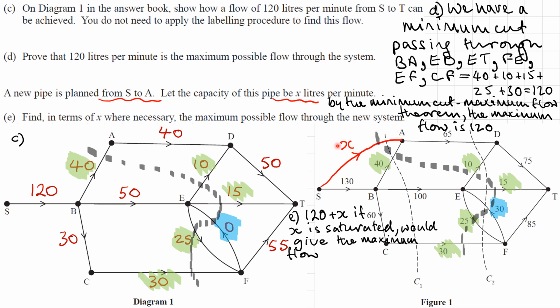Now we want it to be at capacity, so actually we want X equal to 25, which would then give a new maximum flow of 120 plus the 25, which would give us 145 litres per minute.